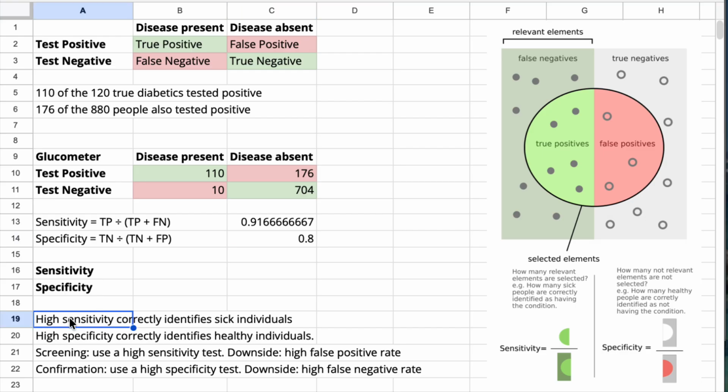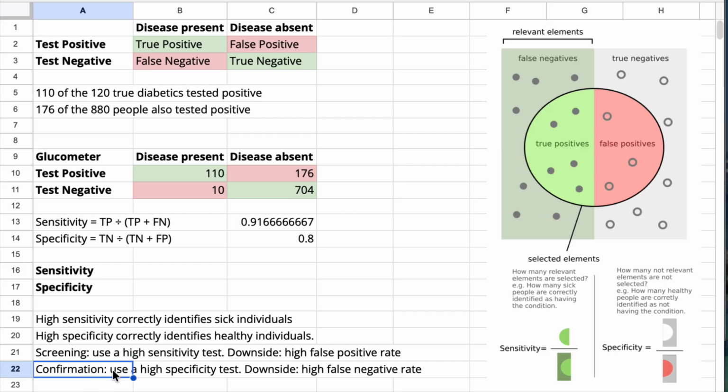But high sensitivity correctly identifies sick individuals, while high specificity usually correctly identifies healthy individuals. So when screening, we use a high sensitivity test, which results in a high false positive rate, but we get almost everybody who has the disease.